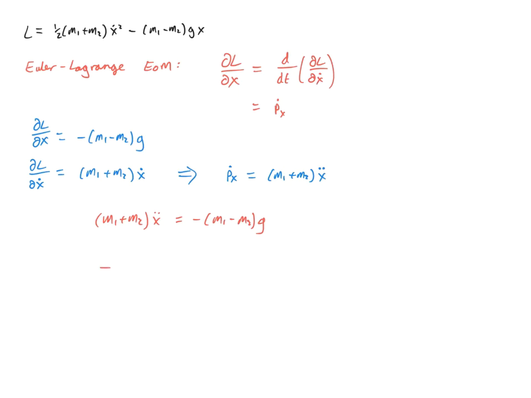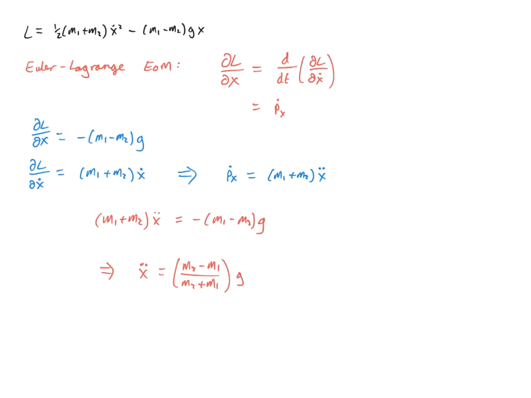Or put another way, the acceleration x double dot is simply equal to m2 minus m1 over m2 plus m1 times g. The thing on the right-hand side is just a constant. It involves the masses, which aren't changing, and the gravitational constant g. And therefore, it's very easy for us to solve this equation.